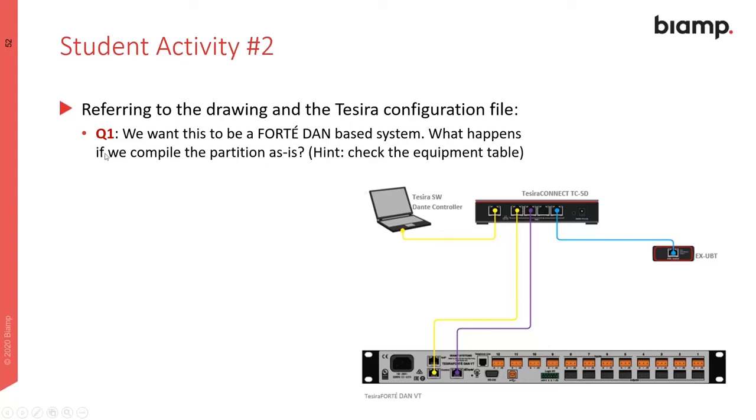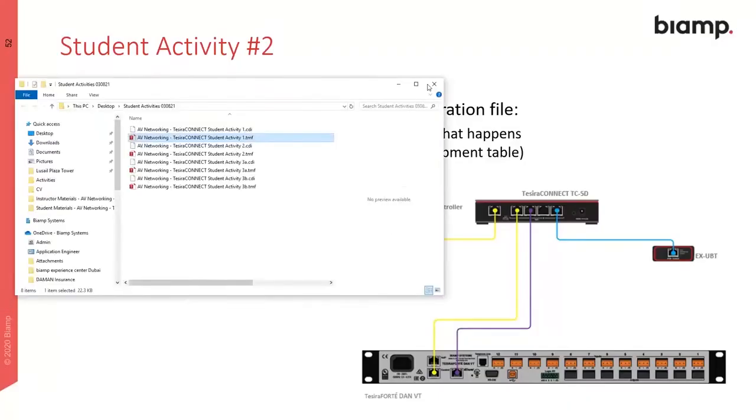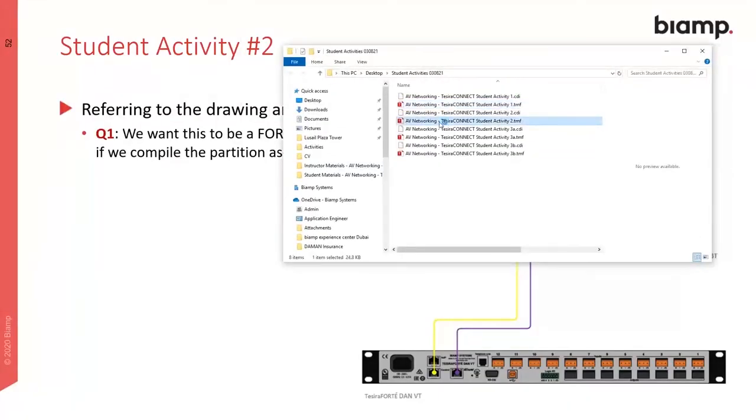And if we compile this system, which contains only EXUBT plus a Tesira DAN, we need a mute sync device, which is the EXUBT, to make sure that our Tesira DAN VT can send the audio from the AVB device into our Dante device. So I will ask you to open the second file. So simply, I'm having here the second file.